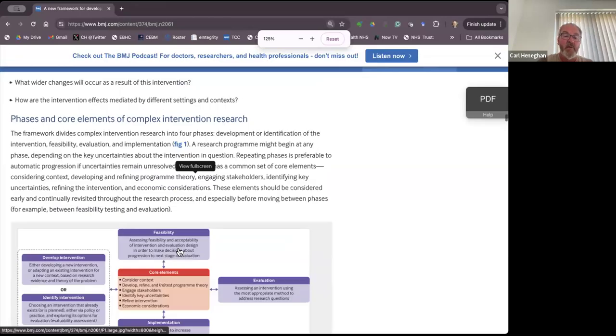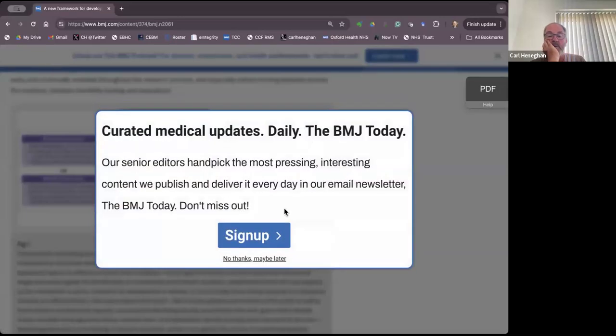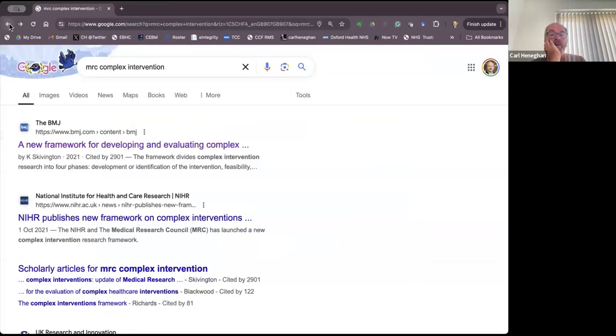And it's very helpful, because you've got the core elements of what you're doing, you've got the feasibility, the development and identifying, implementation and evaluation. So I would recommend that framework and use that framework.